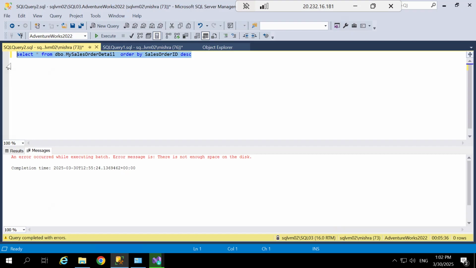It may be a two-threaded, four-threaded, six-threaded, eight-threaded or 12-threaded query. It depends on how many processors you have on the system, and what max degree of parallelism value you have set at the server level.